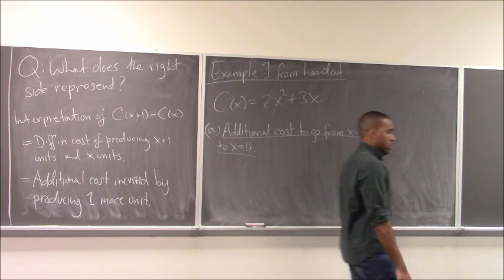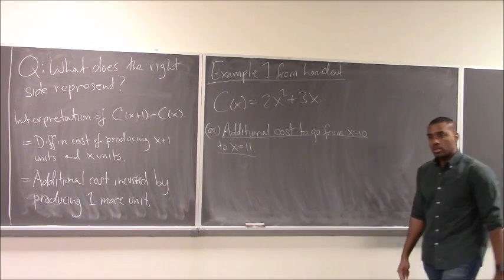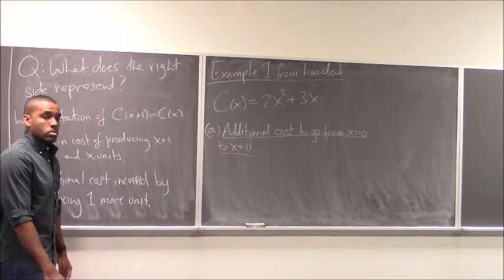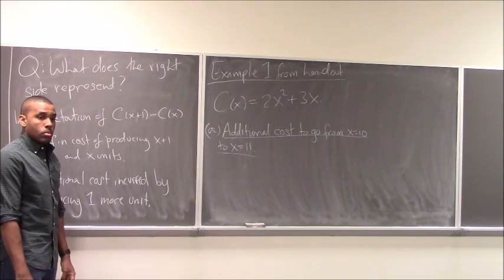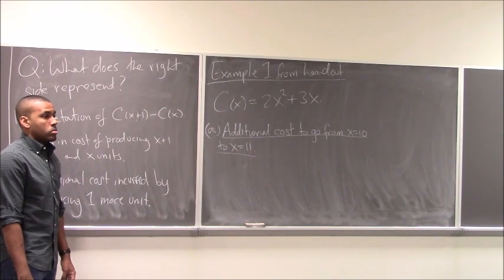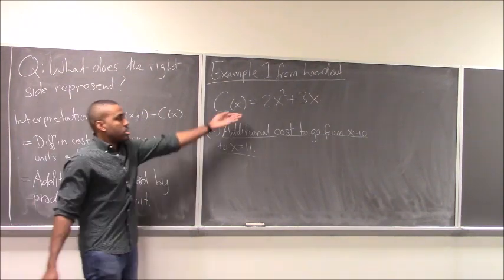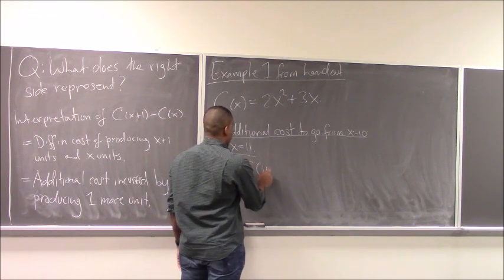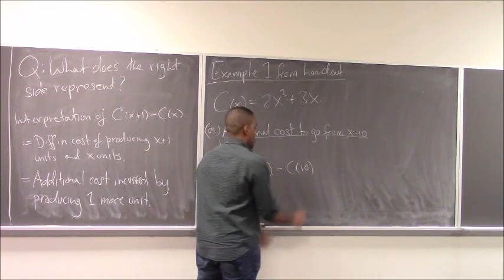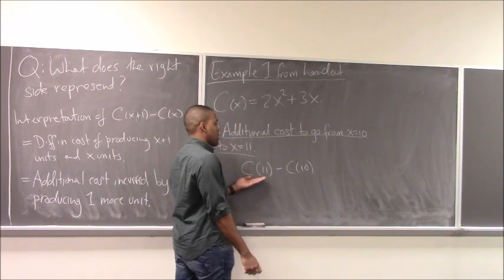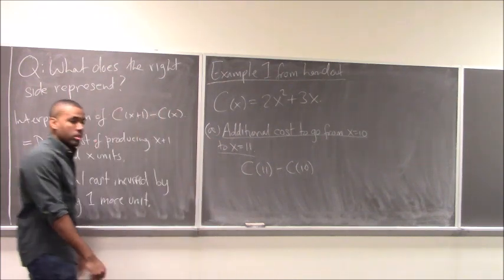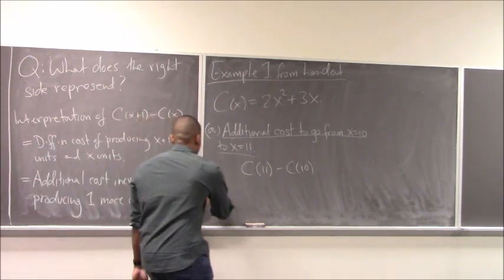What is the additional cost to go from 10 to 11? You just plug in 10 and 11 and find the difference between the two. Exactly. This is the function that gives us the cost, so we can find the additional cost by taking C of 11 minus C of 10. This is the cost to produce 10, this is the cost to produce 11. Finding the difference gives the additional cost of going from 10 to 11 in production.